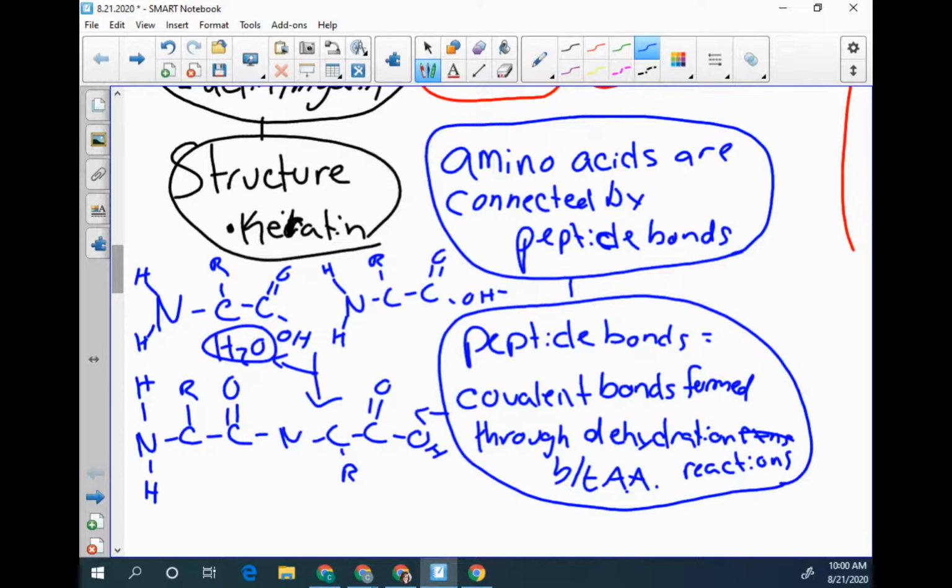So this is the same kind of reaction that we talked about with carbohydrates, where we're losing water to link two together, but we have our amino acids with our nitrogens instead of carbons. That looks kind of messy, but I usually identify our amino acids by our R group.